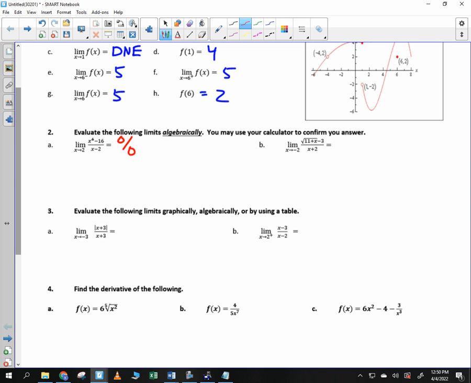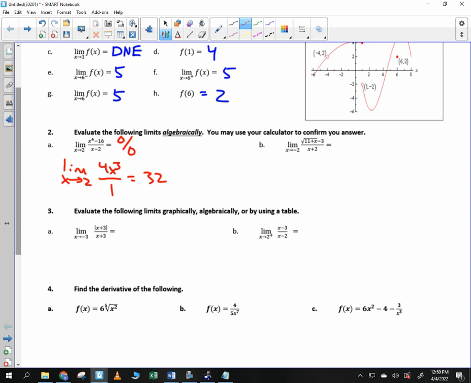L'Hopital's rule, very good. That says you take the derivative of the top, which is 4x cubed, over the derivative of the bottom, 1. And then you plug in 2, and you can see you get 4 times 8, which is 32. L'Hopital's rule works. It's pretty cool. Yep, that's why we're reviewing it.